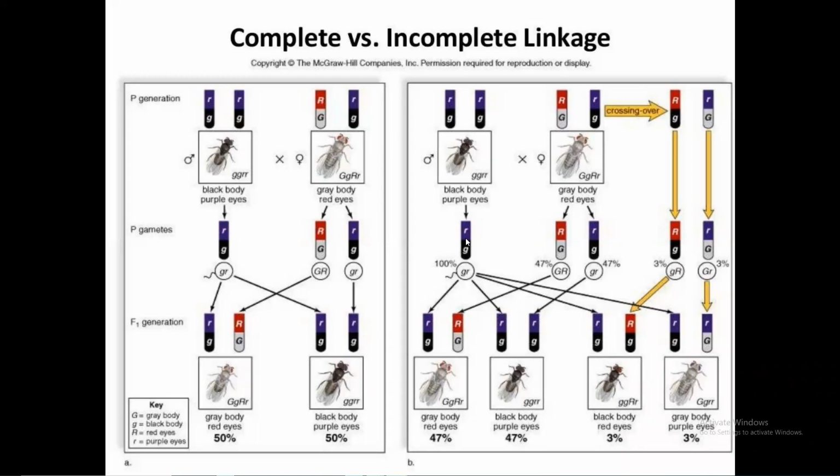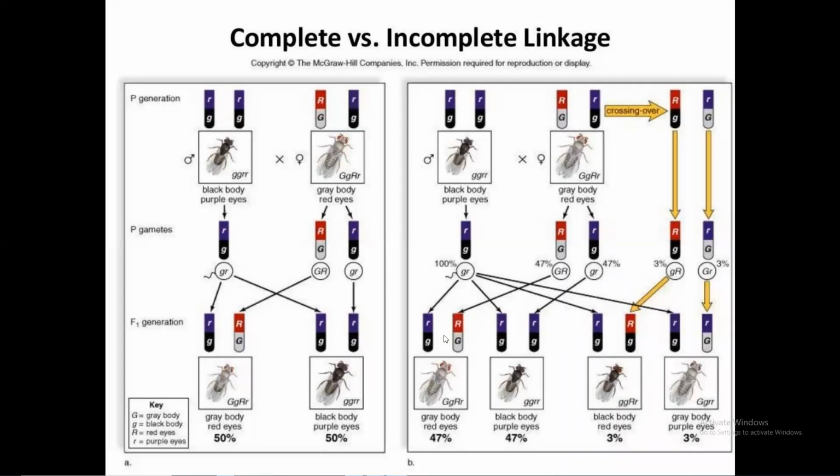So what are the different combinations? This is the male parent, this is the female parent, and these are the gametes of the female parent after recombination. Let us see. This gamete can have a partner of this one or this one.